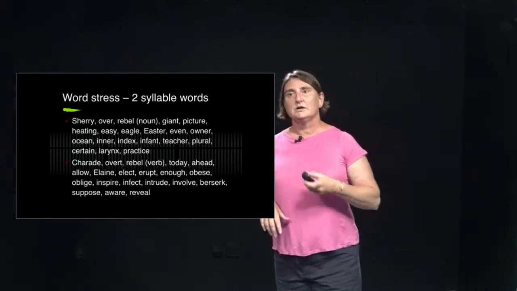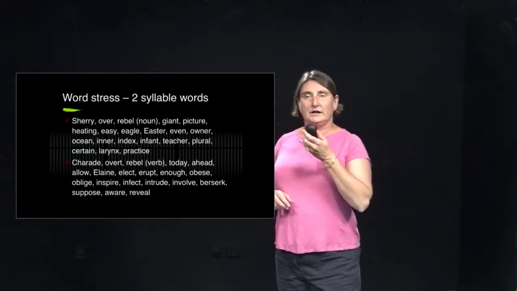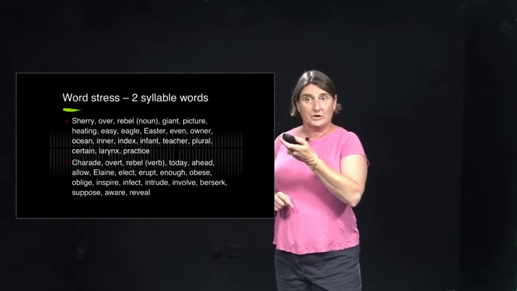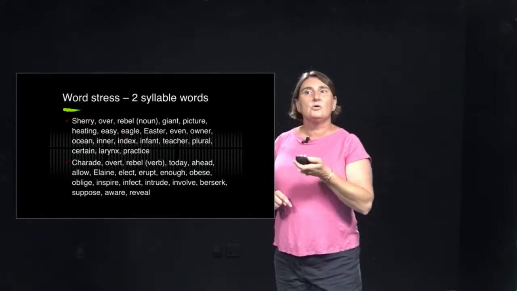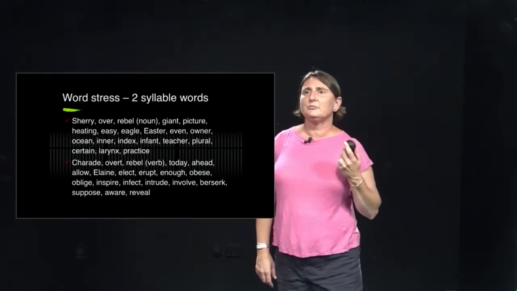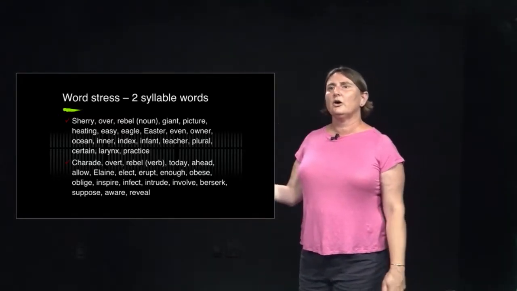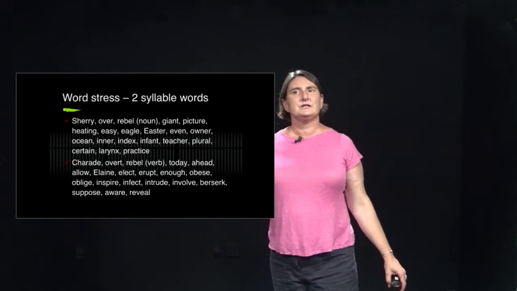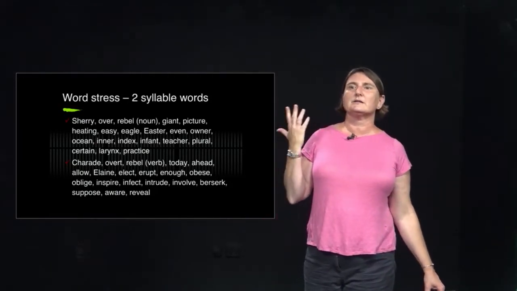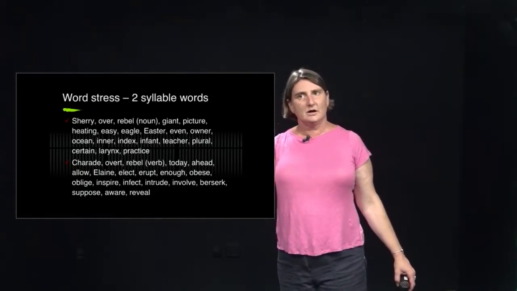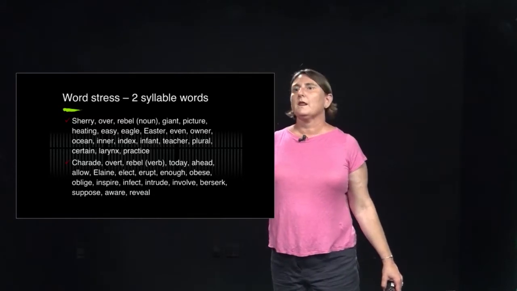Okay, so then we've got back up to those with stress on the first syllable. Over, rebel, giant, picture, heating, easy, eagle, Easter, even, owner, ocean, inner, index, infant, teacher, plural, certain, larynx, practice. So that's all a ba-ba.